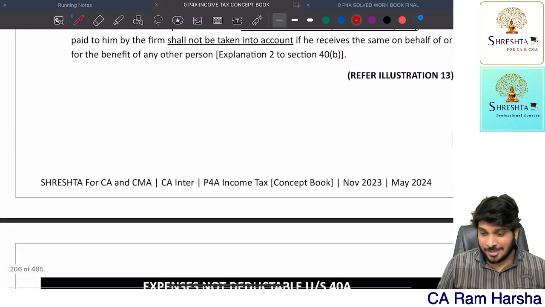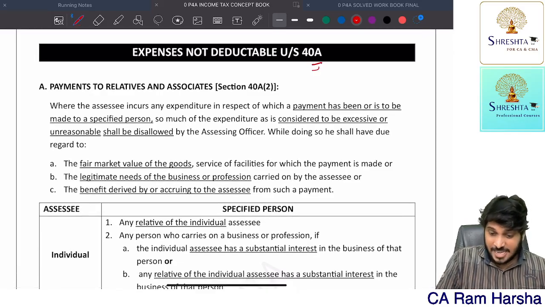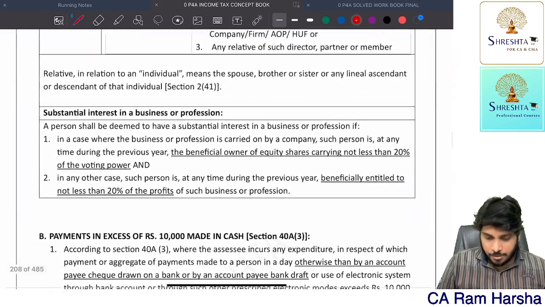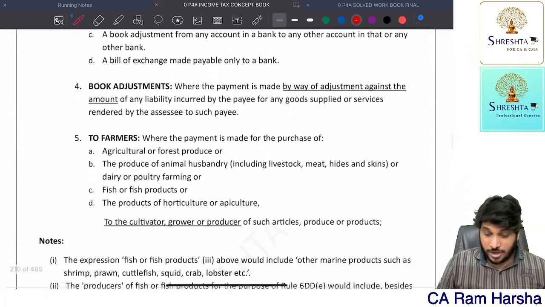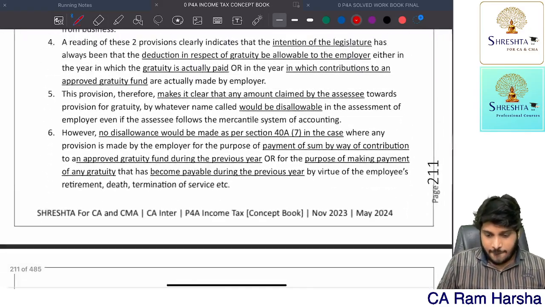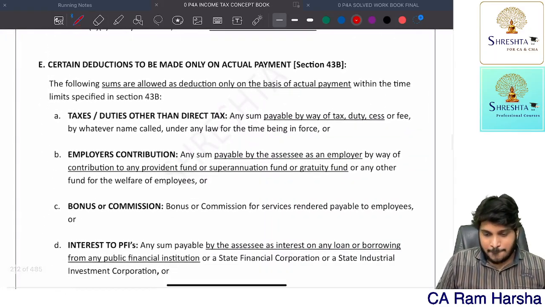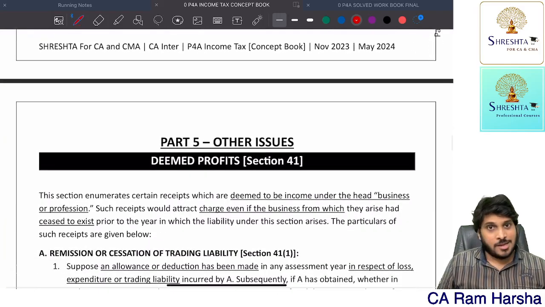It's not that easy. We have a problem also on that. 40A2, 40A3, 40A7, 40A9, 43B. Once we discuss all this, the inadmissible deductions part will be completed.